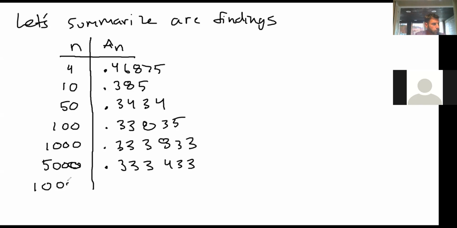And then if I do 10,000, I gain an extra 3. So if we look at this chart and we study it, what we see is a very beautiful pattern.